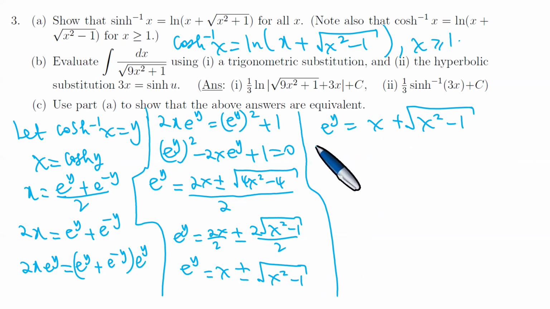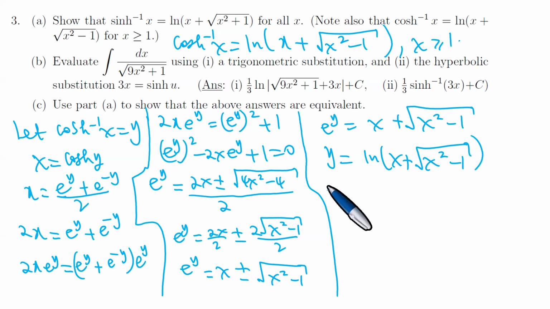Right, then we need to solve for y. Take the ln of both sides so that y equals the ln of x plus the square root of x squared minus 1. Right? And upon careful examination, what are we able to see here?